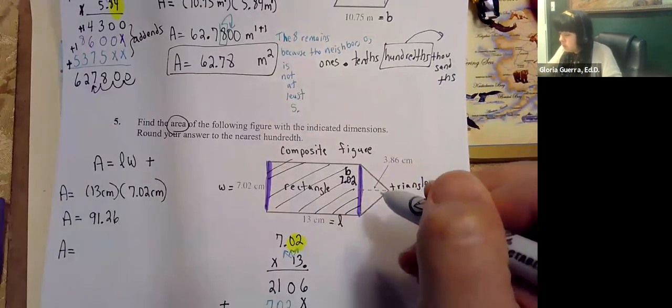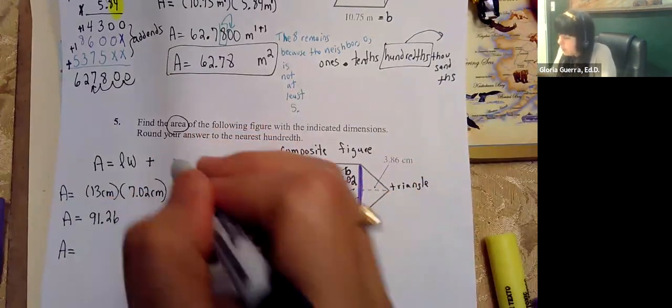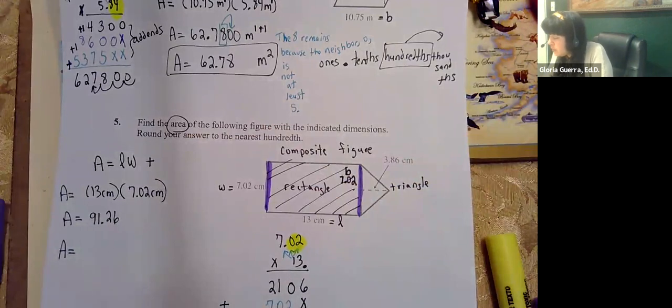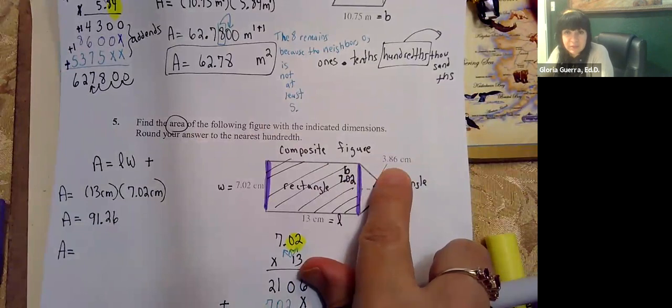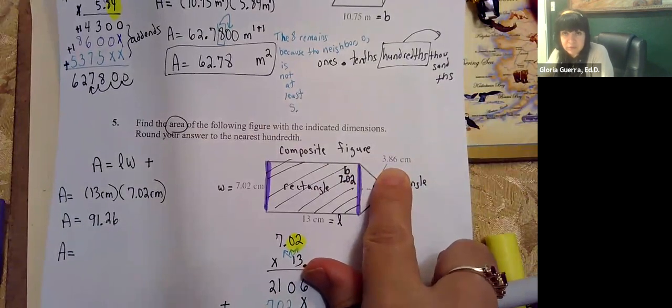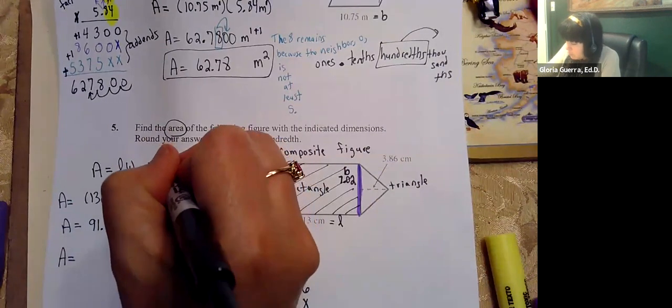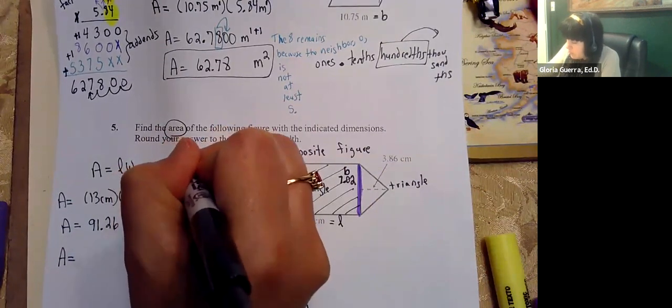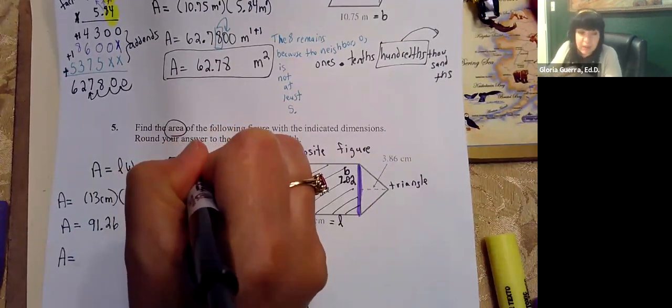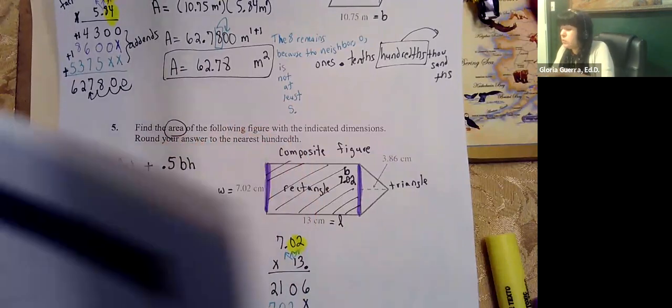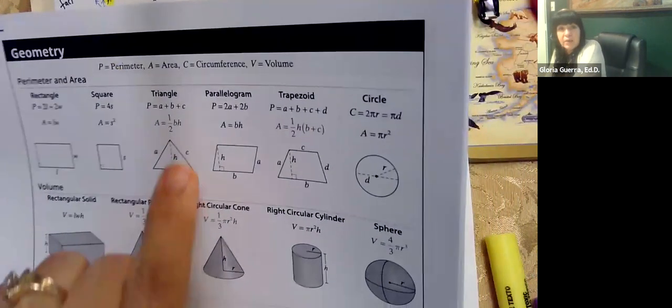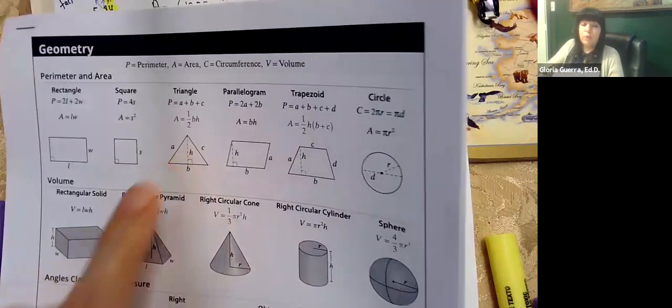All right, and instead of using 1/2, I feel comfortable using 0.5 only because I see that this is also a decimal and so is this. So instead of using 1/2, I feel comfortable working with 0.5 times B times H. So the 1/2 is the 0.5.